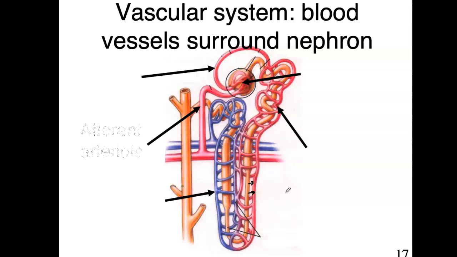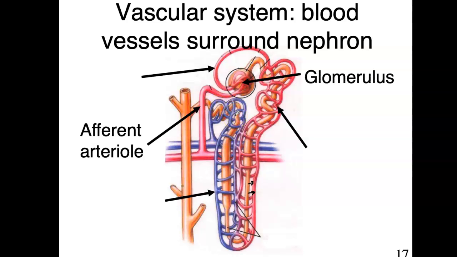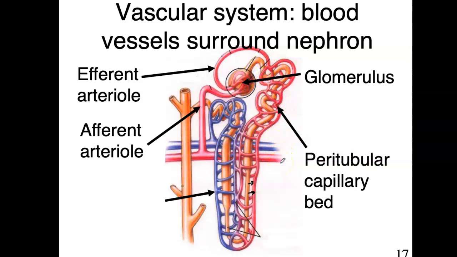So let's label all those for you. The arriving arteriole is the afferent. It's coming into the glomerulus. It's exiting out through the efferent arteriole. And now they're going to become the peritubular capillary bed. So it's peritubular because it's around the tubules.